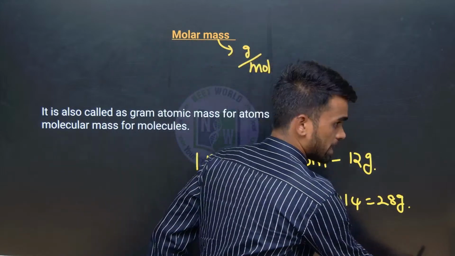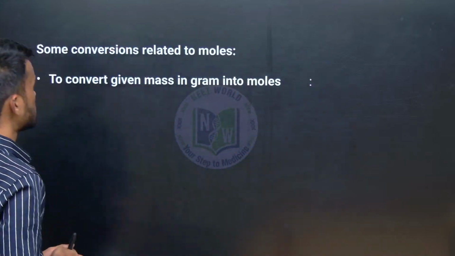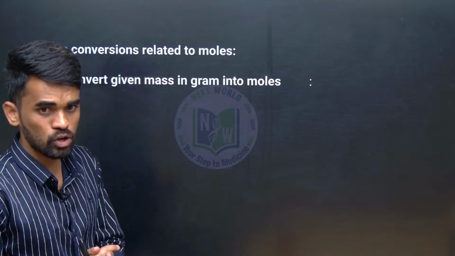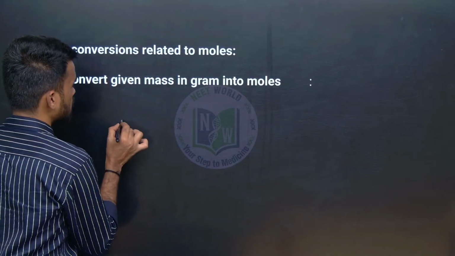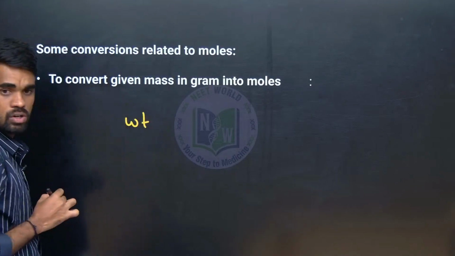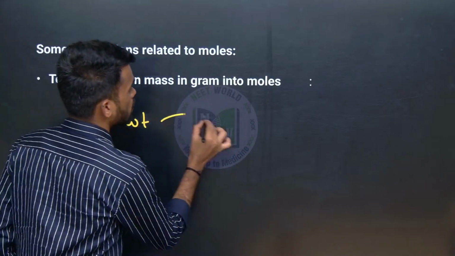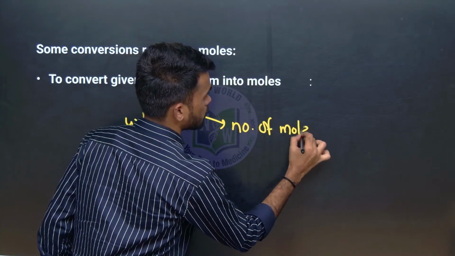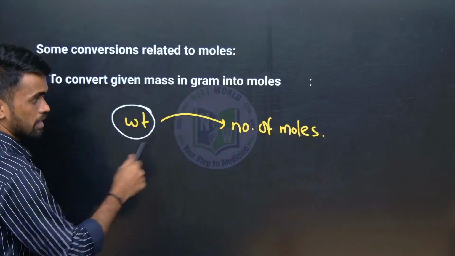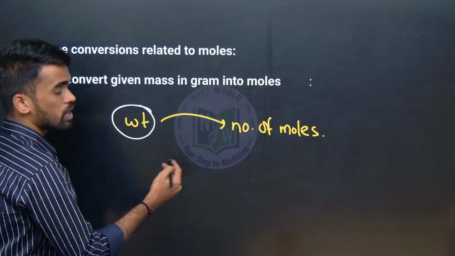Next, some conversions. Yesterday we discussed a few conversions also. For example, they give something in terms of weight and ask how many moles it is, the number of moles. By giving weight they are asking for the number of moles. How can we do this?